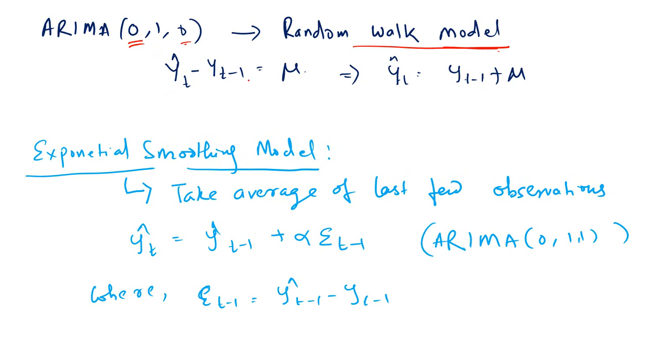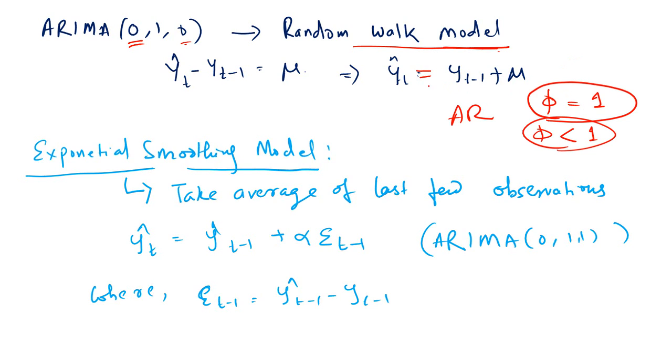A random walk model is nothing but some kind of an AR model where the coefficient of the first lag is 1. In a typical AR model it is always less than 1, but in a random walk model it is 1.